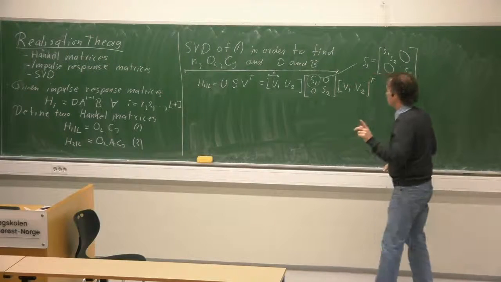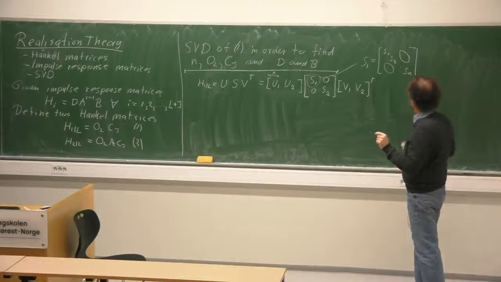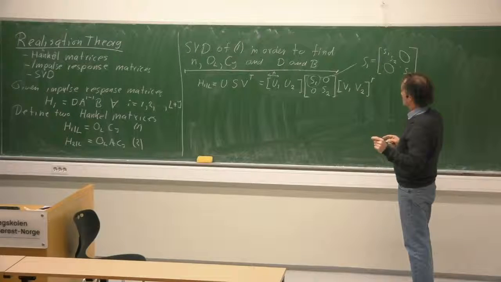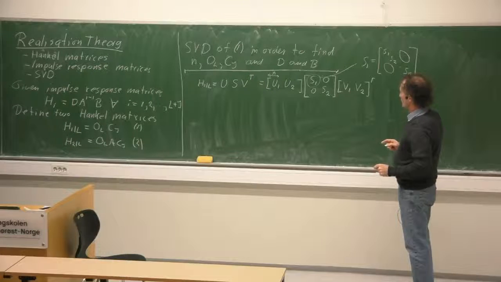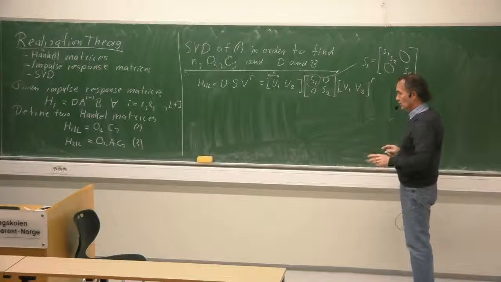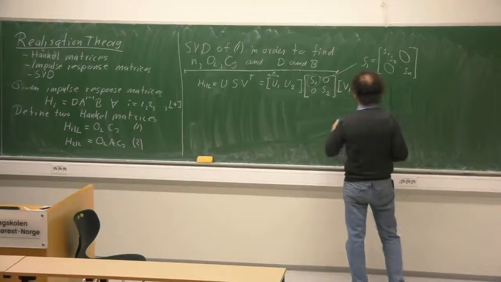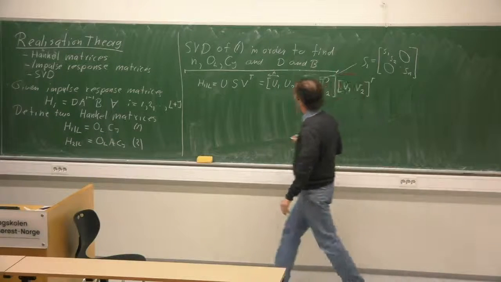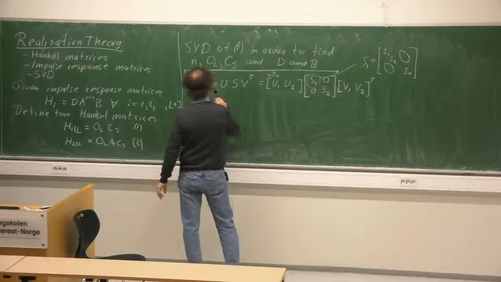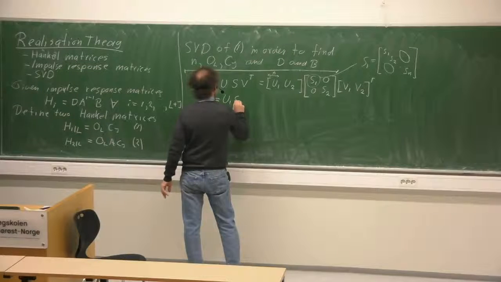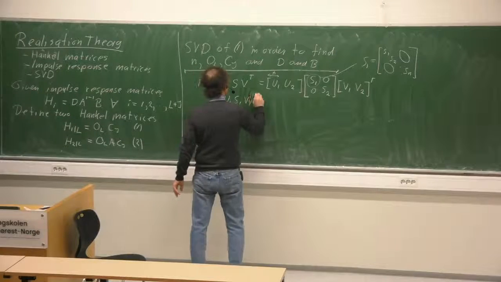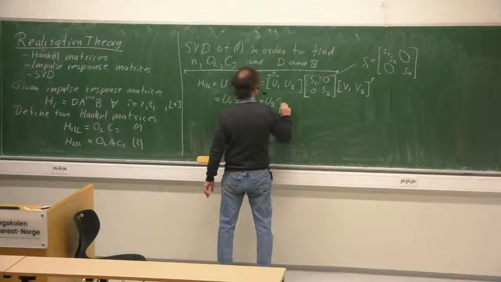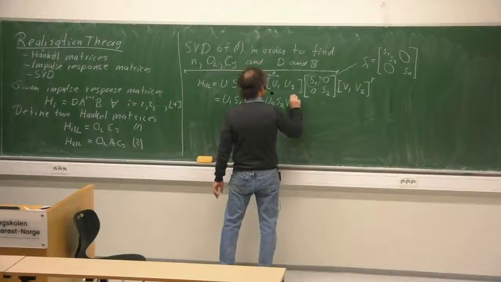It is your choice as the user to specify the number of non-zero singular values. The zero or smaller neglected singular values are collected into S2. Then we have U1 S1 V1 transpose plus U2 S2 V2 transpose.